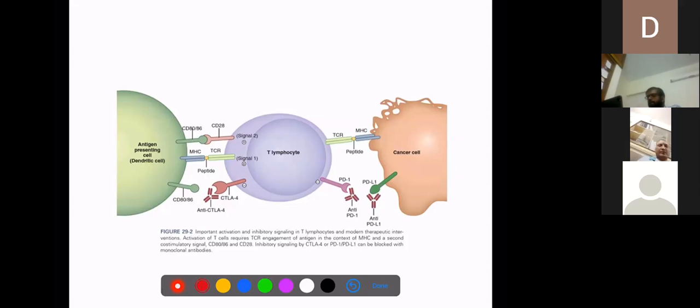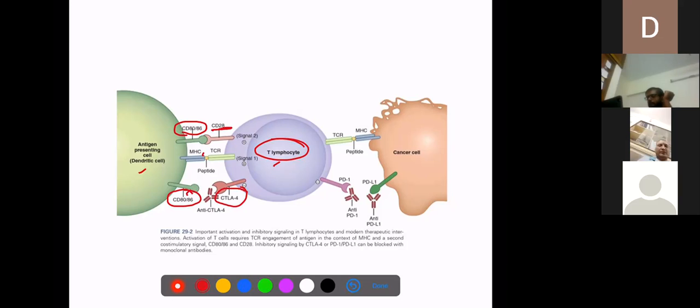Just remember that normally the CD86 from the antigen presenting cell is attached to a CD28, and for the normal T lymphocyte to function, it will go and attack the antigen and destroy it. What happens is that the same substance can be attached to a CTLA4, cytotoxic T lymphocyte antigen 4. This CTLA4 can attach to the CD80-86.